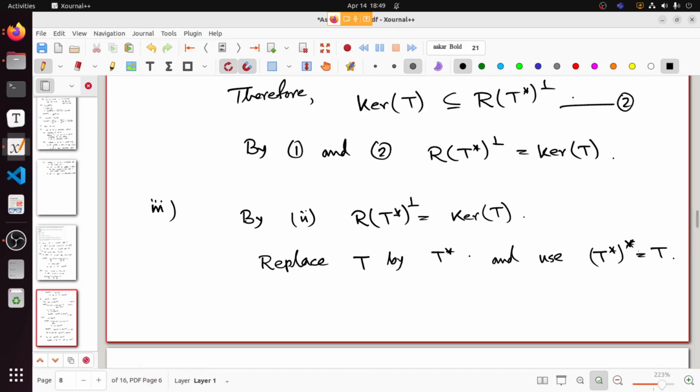Then we get range T perp is the kernel of T star, right? So option number 3 is correct.